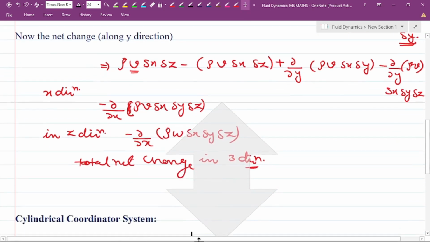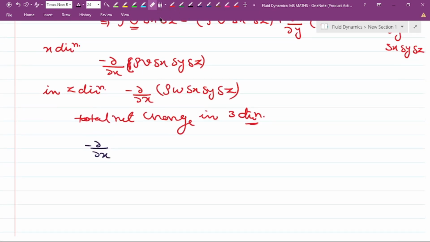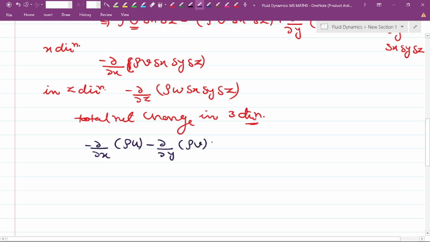So within the three directions, the net change is defined as minus dou by dou x of rho u, minus dou by dou y of rho v, minus dou by dou z of rho w, because the velocity component in the x direction is u, in the y direction is v, and in the z direction is w.